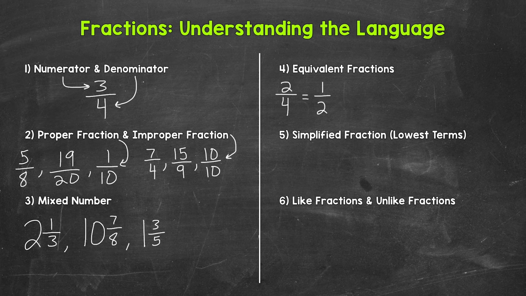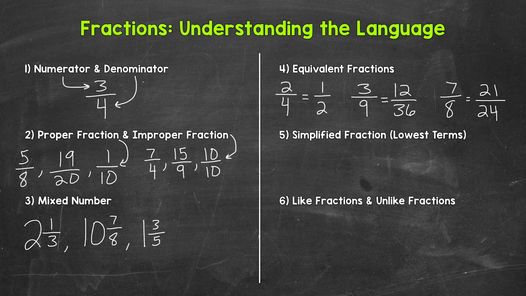They have different names, but they are equal in value. Another example would be 3/9 and 12/36. And then also 7/8 and 21/24. So equivalent fractions are fractions with different numerators and denominators, but they still have the same value.